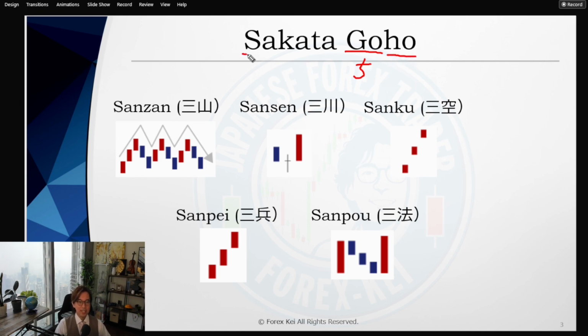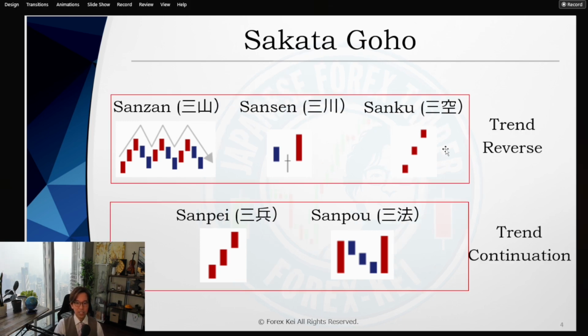And Sakata is the name of the location where Munehisa Honma was. So Sakata Goho is basically the 5 patterns of candlestick. The above 3 are trend reversal patterns, and the below 2 are trend continuation patterns.